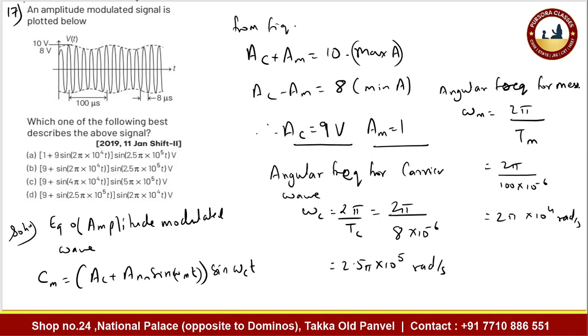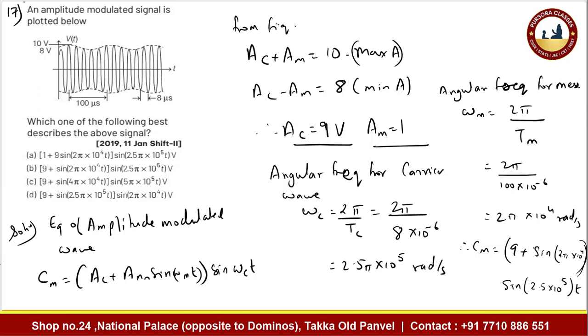So my final equation can be written as: AC is 9, plus AM sin omega_m t, where AM is 1, so 1 as it is, sin omega_m is 2 pi into 10 to the power 4 t, all in brackets, times sin omega_c, which is 2.5 into 10 to the power 5 t.